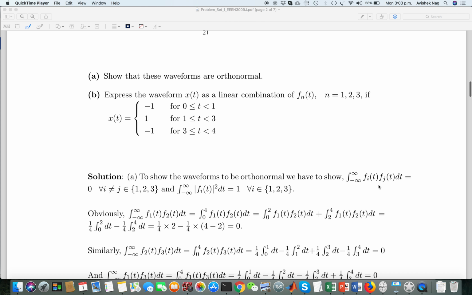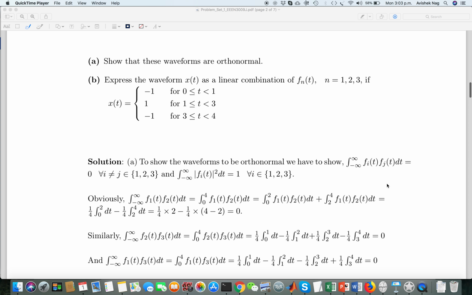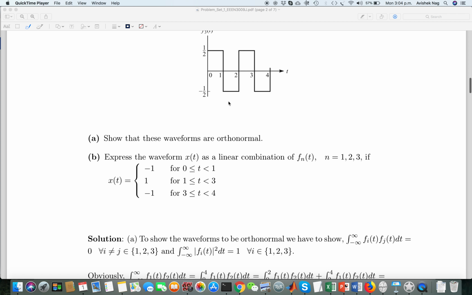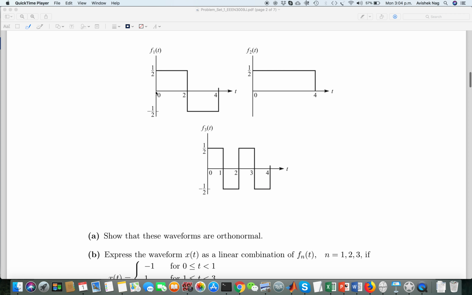All you need to show is that the pairwise integration of fi fj is 0, and then the energy of the signals, fi square dt integrated from minus infinity to plus infinity, is 1. In this problem you don't have to go from minus infinity to infinity, because the signals span from 0 to 4 over the time axis.